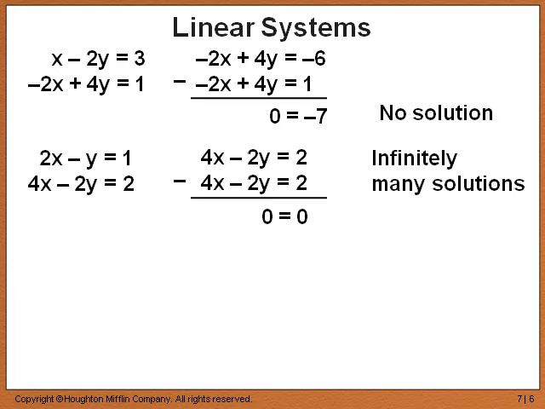And when you end up with something that's always true, then the system has infinitely many solutions. Because this system will work with any x that you plug in. All you need to do is just adjust the y accordingly. So it has infinitely many solutions.